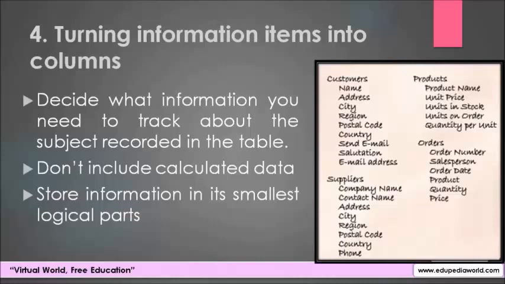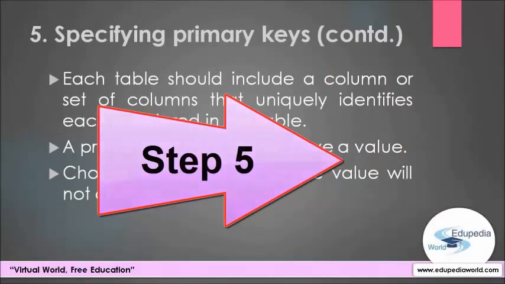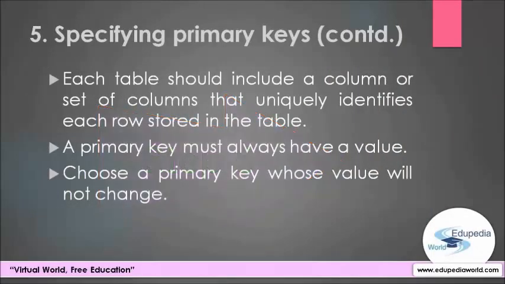Once you have refined the data columns in each table, you are ready to choose each table's primary key. Each table should include a column or set of columns that uniquely identify each row stored in the table. This is often a unique identification number such as an employee ID number or a serial number.